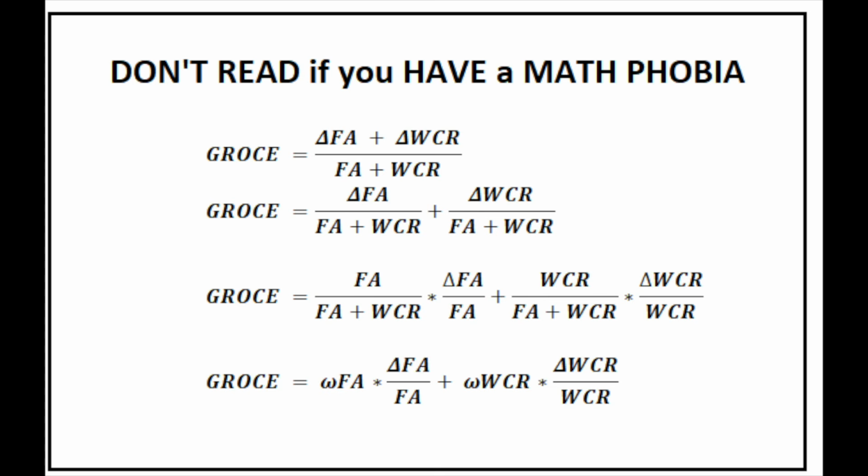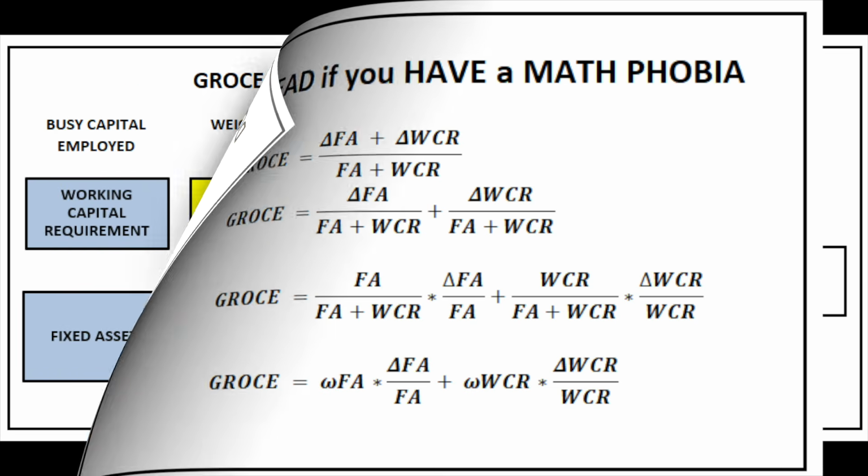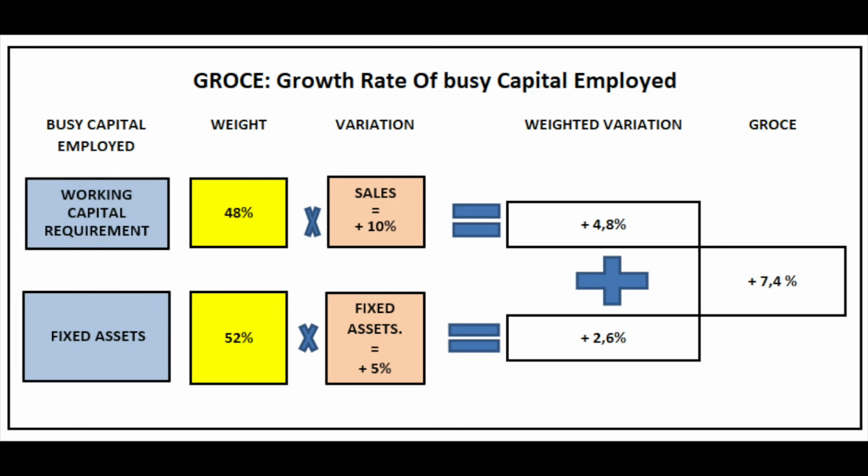Since busy capital employed is composed of two elements, fixed assets and working capital requirement, the growth of busy capital employed, GROCE, is the average of the growth rates of each of the two elements, weighted by their proportion in busy capital employed. In this numerical example, the busy capital employed is broken down into 48% for working capital requirement and 52% for fixed assets.